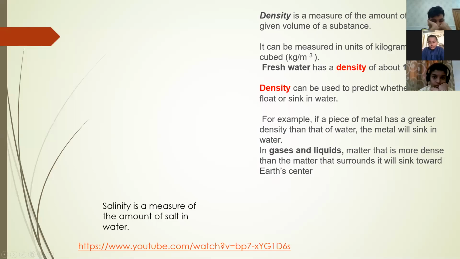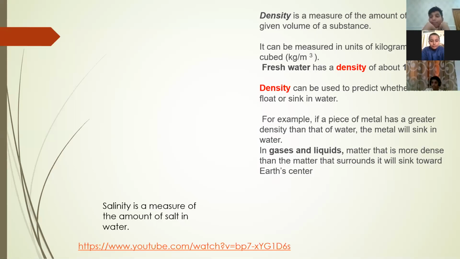Now, density is the measure of the amount of mass in a given volume of substance. That is when you are comparing the amount of mass in a particular liquid.